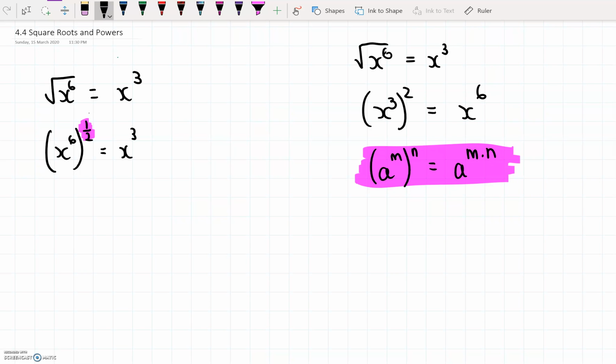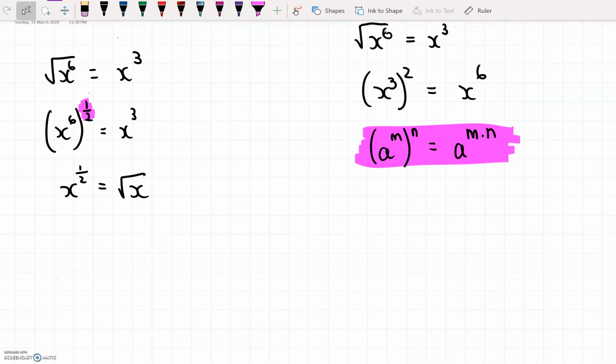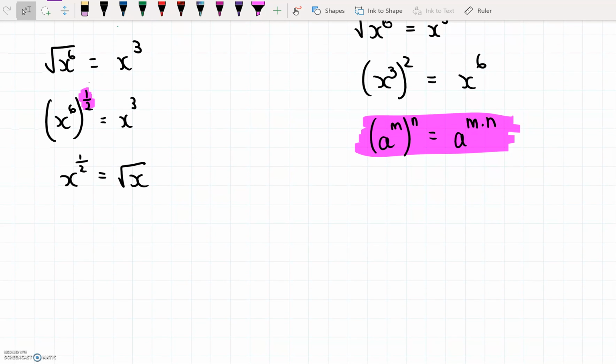So what you can see from that is that the square root is the same as raising something to the power of a half. So x to the power of a half is the same as the square root of x. We're not going to do this in any more detail this year. You'll do more of it in the future though. What that means is that if you have the square root of x, you can write that as x to the power of a half.